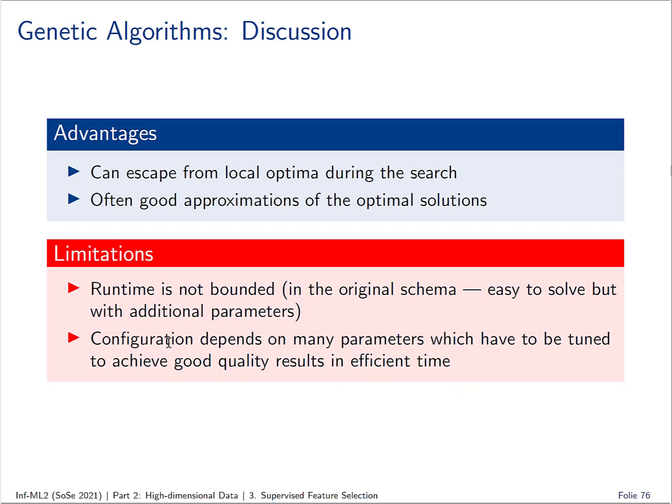So hyperparameter tuning in genetic algorithms is a topic on its own. Keep in mind that genetic algorithms are nice, but they introduce a lot of different heuristics in terms of parameters that could be optimized. And hyperparameter optimization is always something which costs time and resources.